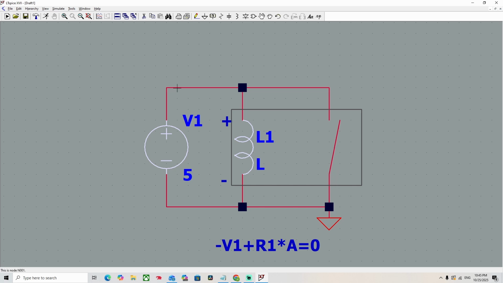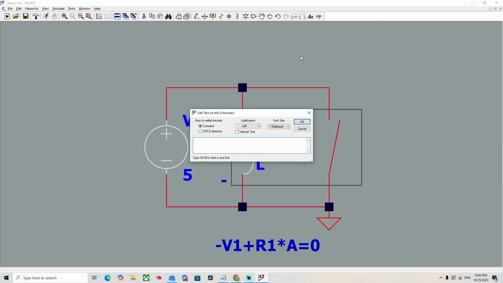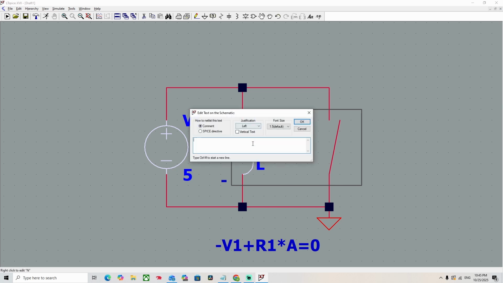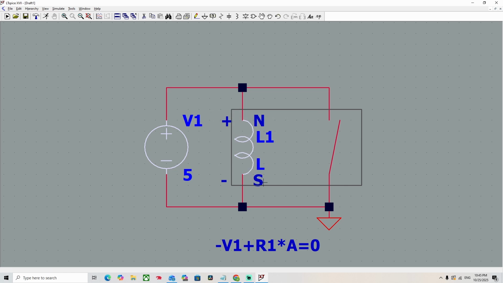Let's just write that. So remember, this is the North Pole of the relay, and this is the South Pole of the coil, I should say. And let's say that the switch, it would have to be the other way around.